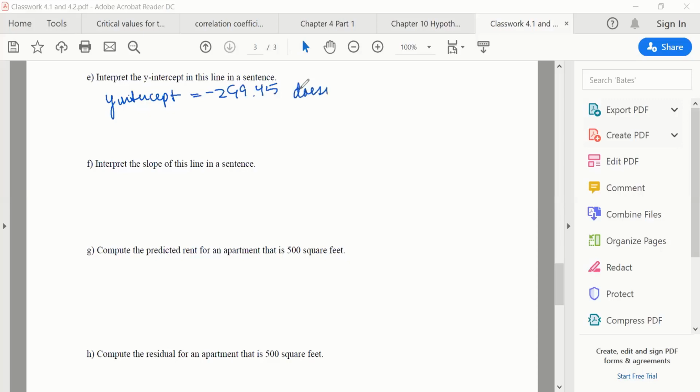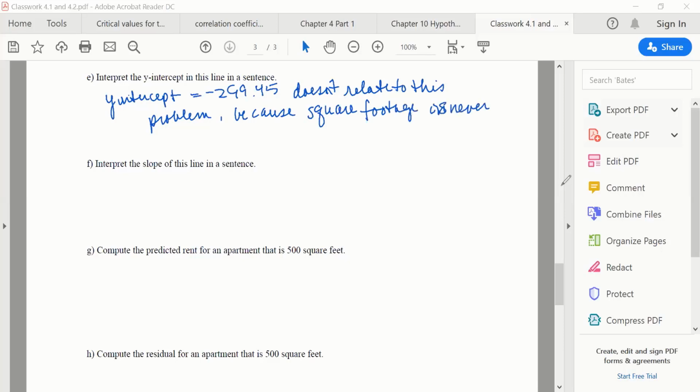Doesn't relate to this problem. Because square footage is never 0. So it just doesn't make sense.